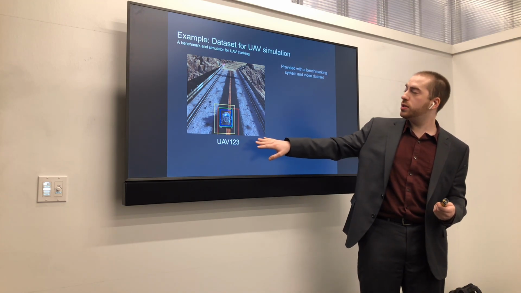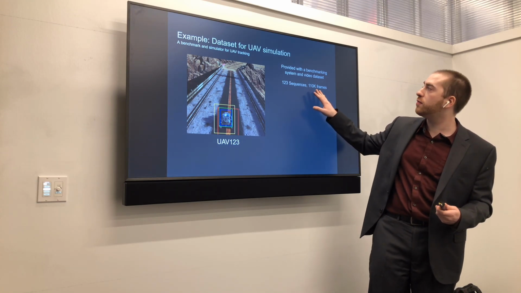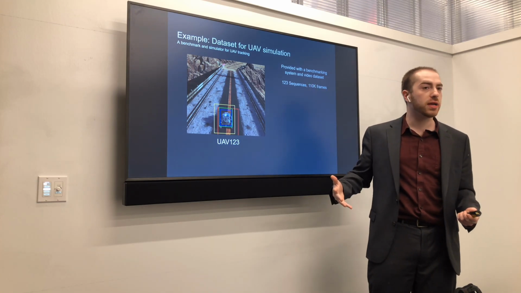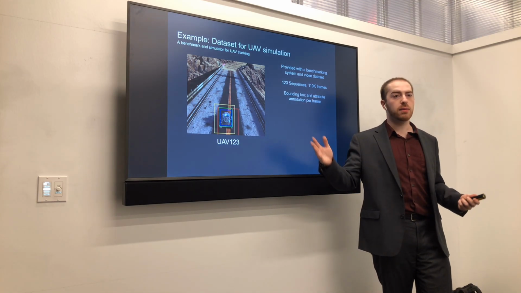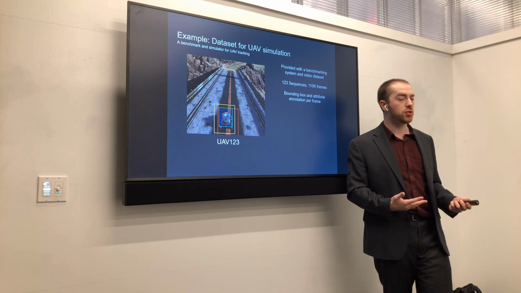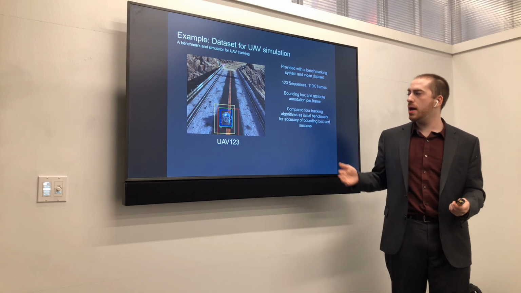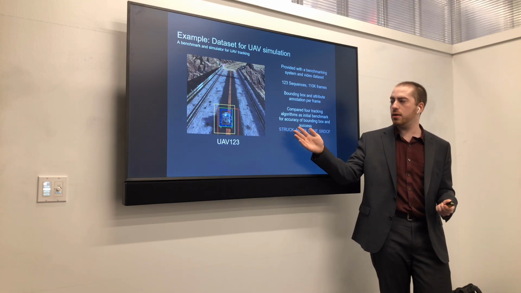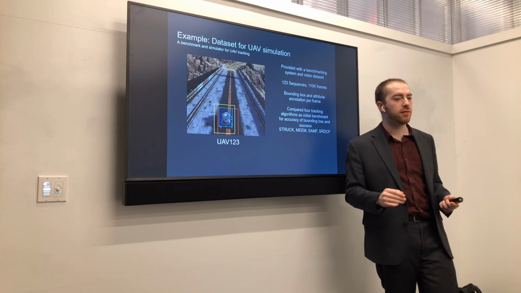So it's called the UAV123. It's 123 different sequences of 110,000 frames provided with a benchmarking system. Bounding box and attribute annotation for each frame. So you actually have the category of what you're tracking and then also the bounding box of the object of interest. And they compared 4 different tracking algorithms, Struck, MEEM, SAMF, and SRDCF.